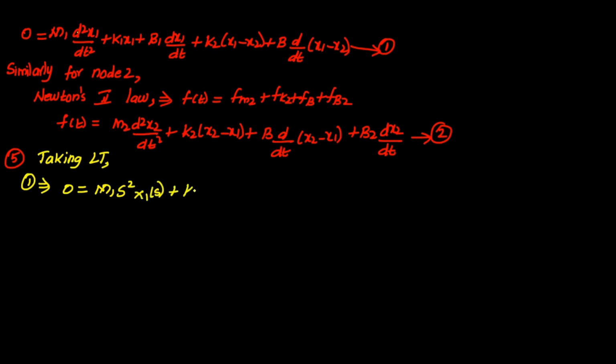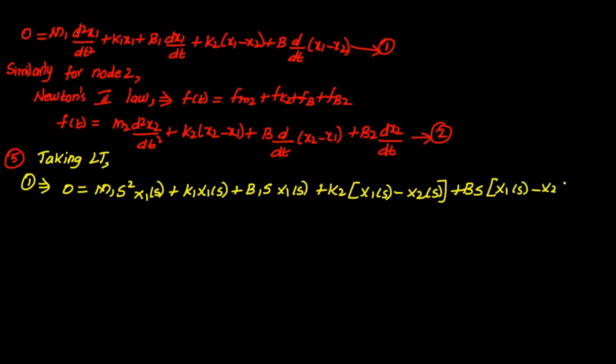Similarly, k1 into x1 of s, also b1 into s into x1 of s plus k2 into x1 of s minus x2 of s plus b into s into x1 of s minus x2 of s.